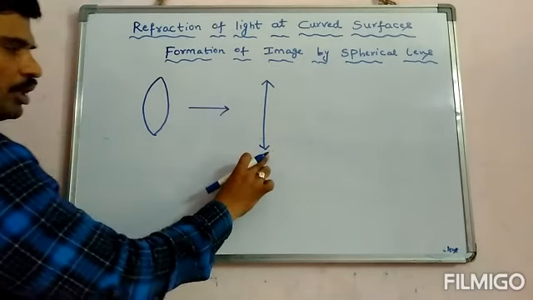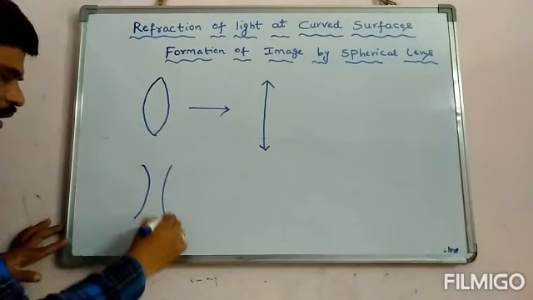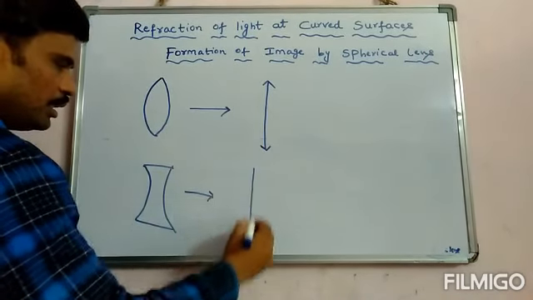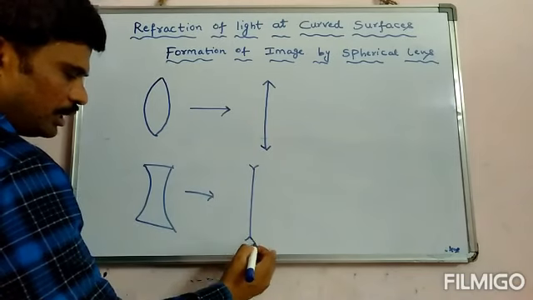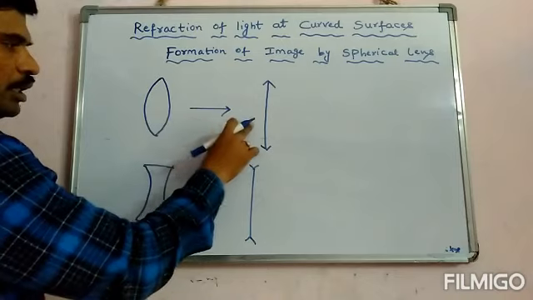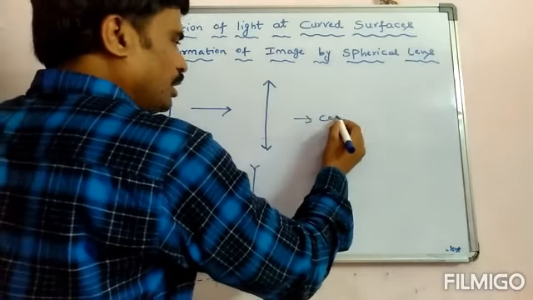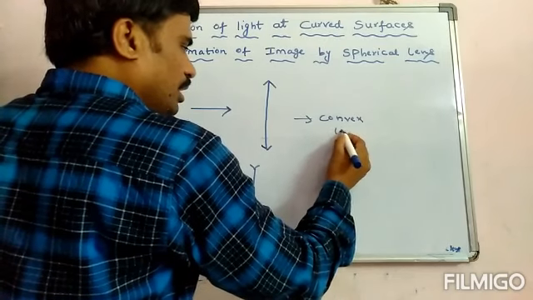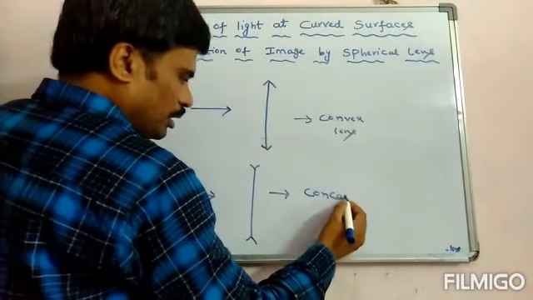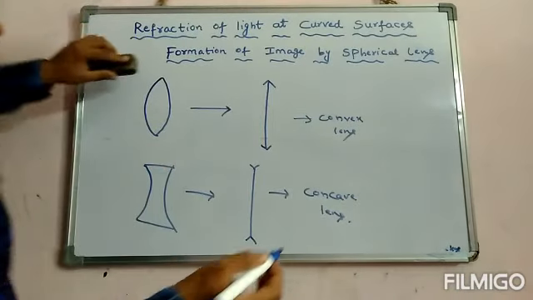The symbol of convex lens is this is the one. And for concave lens, the symbol is inverted arrow marks. So these are the symbols for convex lens and concave lens. This is the symbol for convex lens, and this is the symbol for concave lens. Right.